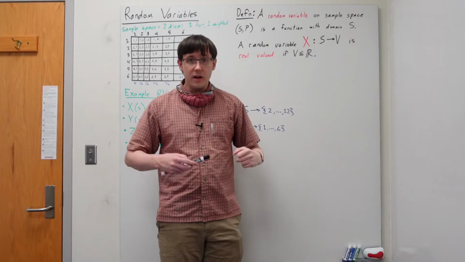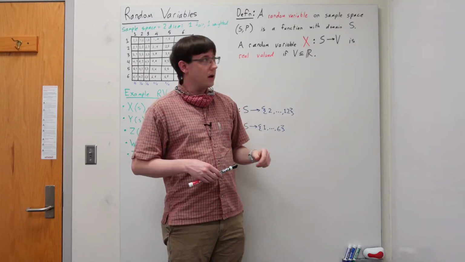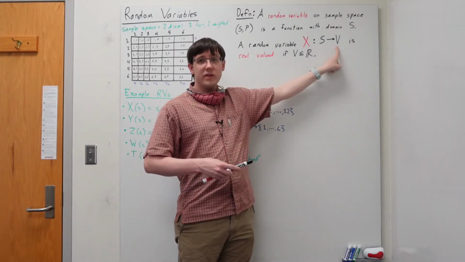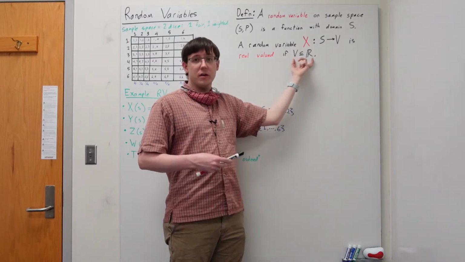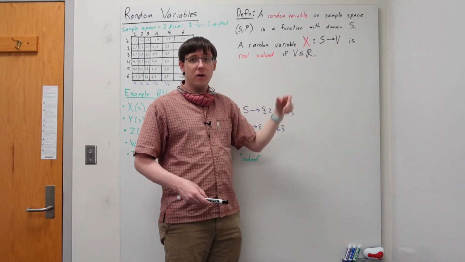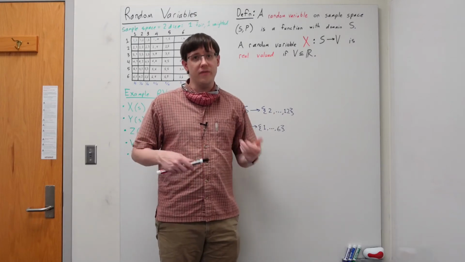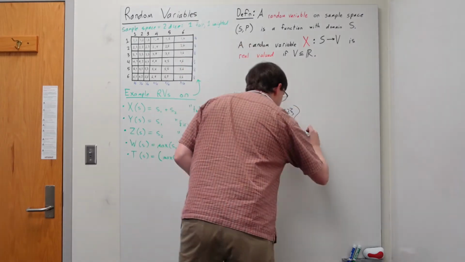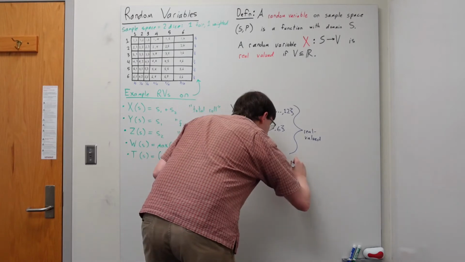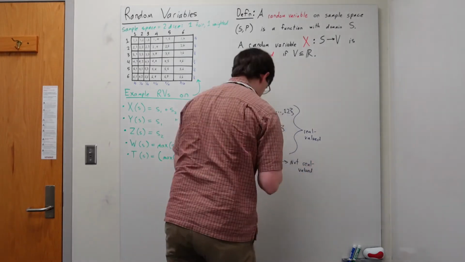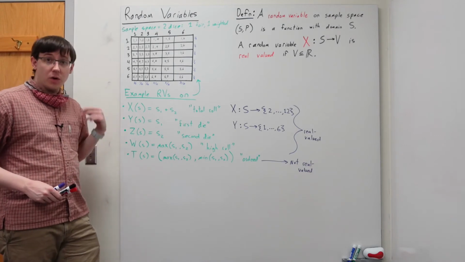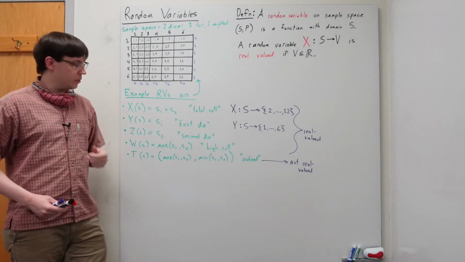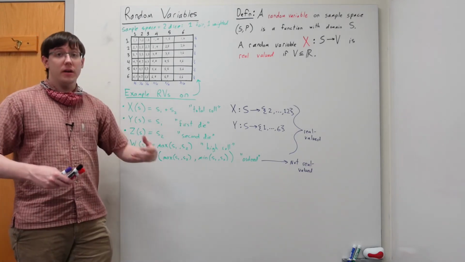So if the set of values that the variable can take on, that is the set of outputs of the function, is a subset of the real numbers, then we call the random variable real valued. And so among our examples, X, Y, Z, and W are real valued random variables, but T is not real valued.